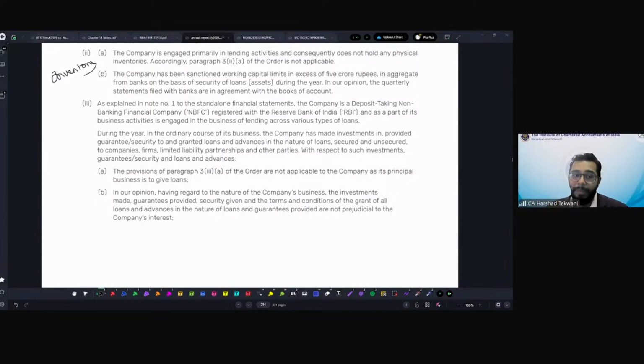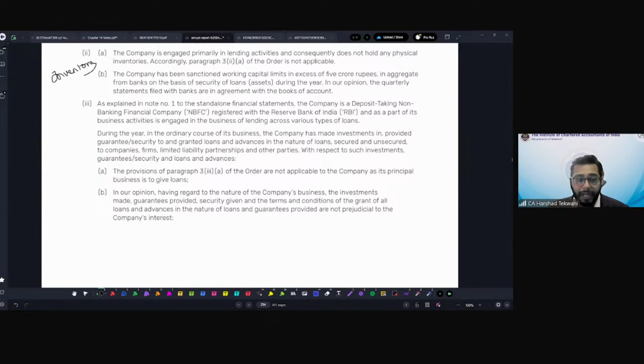So para 3.3 becomes very important when it comes to the NBFC, because if an NBFC is deposit taking and also lending, then para 3 is very important. Why? Because para 3 talks about loans and advances, whether the company has provided loans and advances, or guarantees, which are prejudicial to the interest of the company.